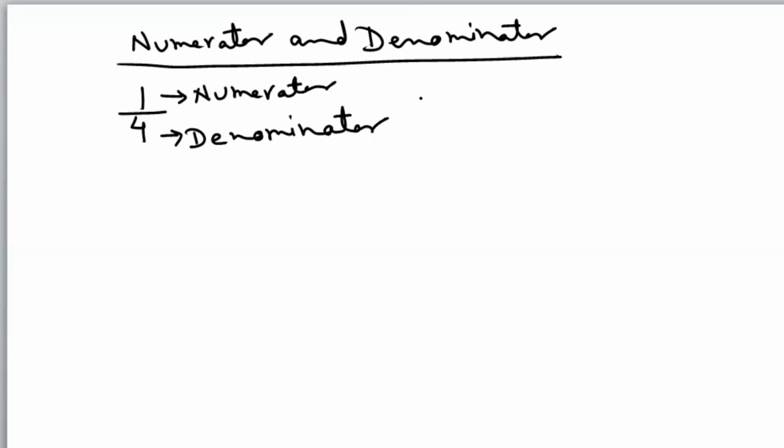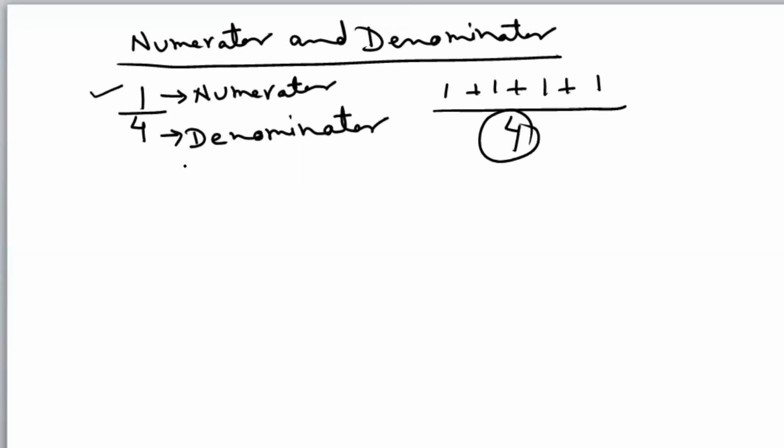Like in 1 by 4, one numerator plus one numerator plus one numerator plus one numerator together will make the denominator, that is 4. So the numerator shows how many equal parts we have, and the denominator shows how many parts together make a whole. Okay, you understand what a numerator and a denominator are.